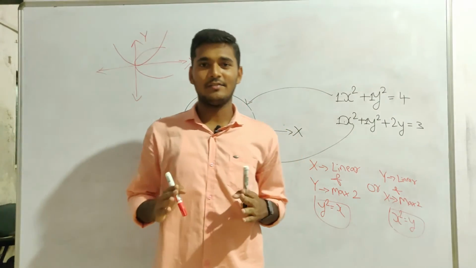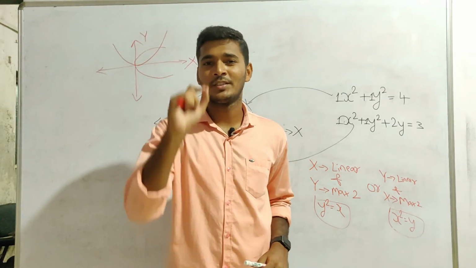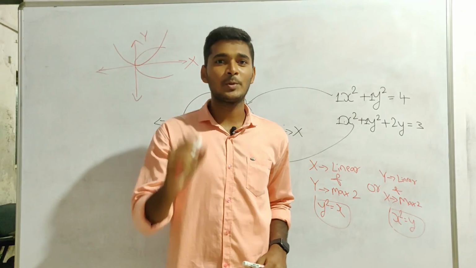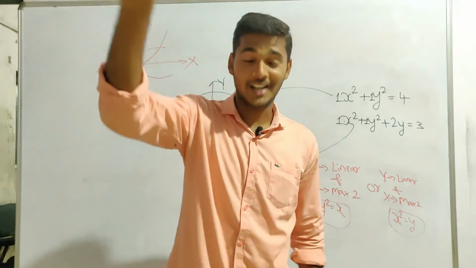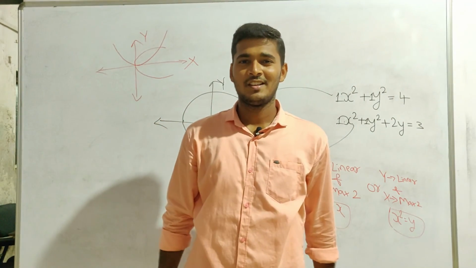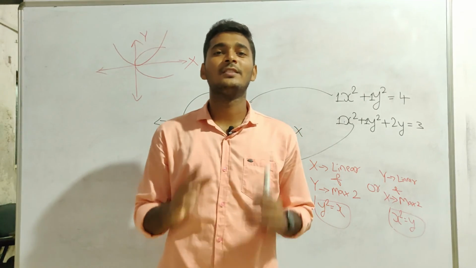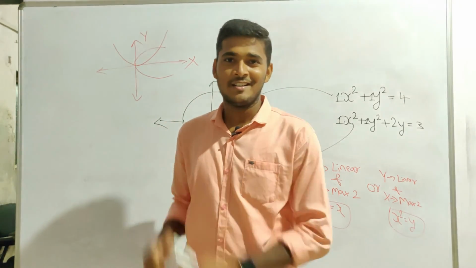That every curve has its unique equation. Keep in mind, because now we are going to prove that whenever a stone is thrown at a certain angle, it will always trace a parabolic trajectory. So remember this concept, because this is very important to understand. Okay, let's move to our final part.